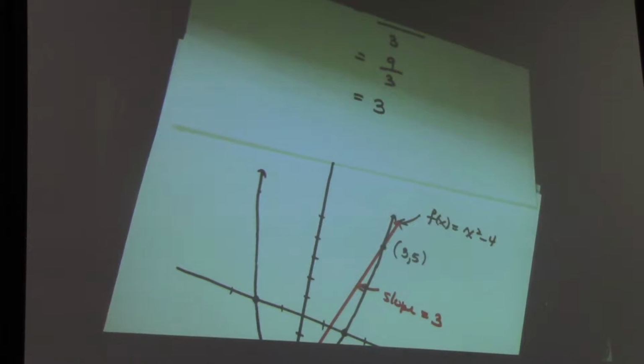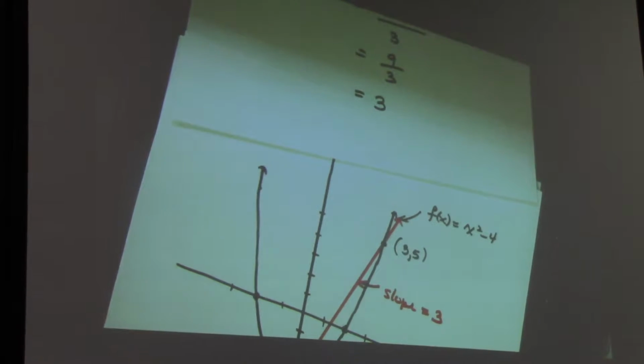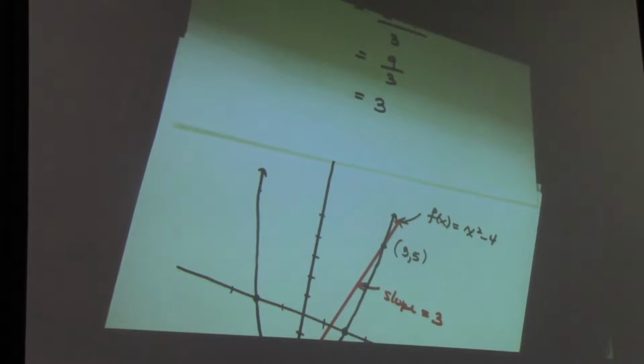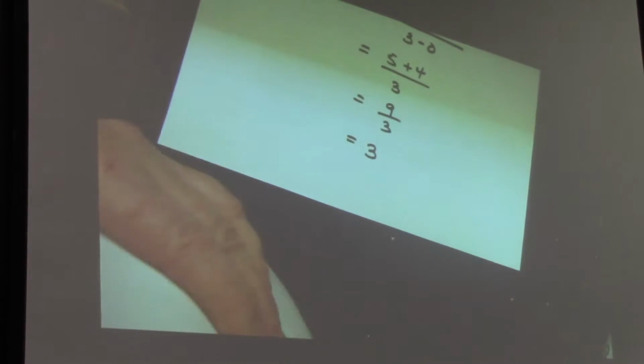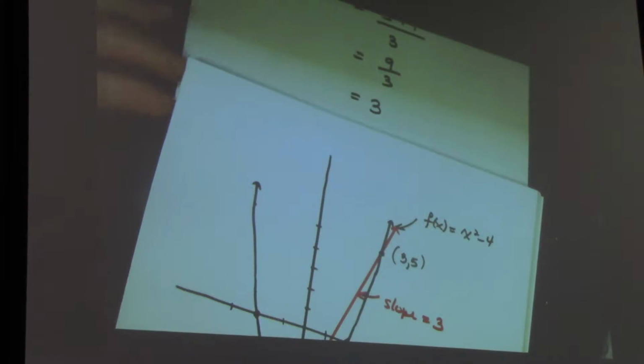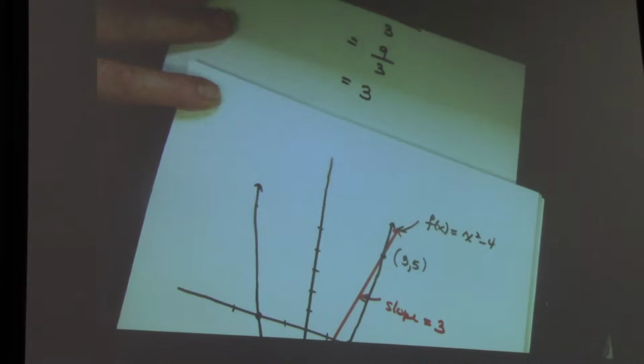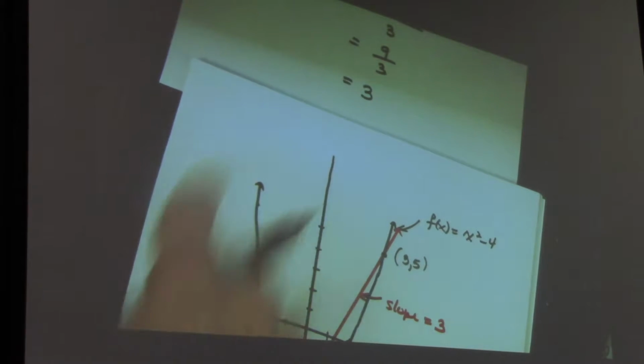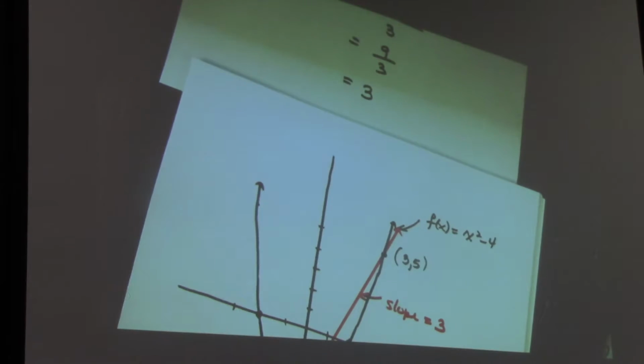Okay, so finding slopes of lines is going to tell us information about where a function is increasing and where a function is decreasing, which when you get to calculus will help you find out how to find the local maxima and the local minima, because a local minimum occurs when a function changes from decreasing to increasing.